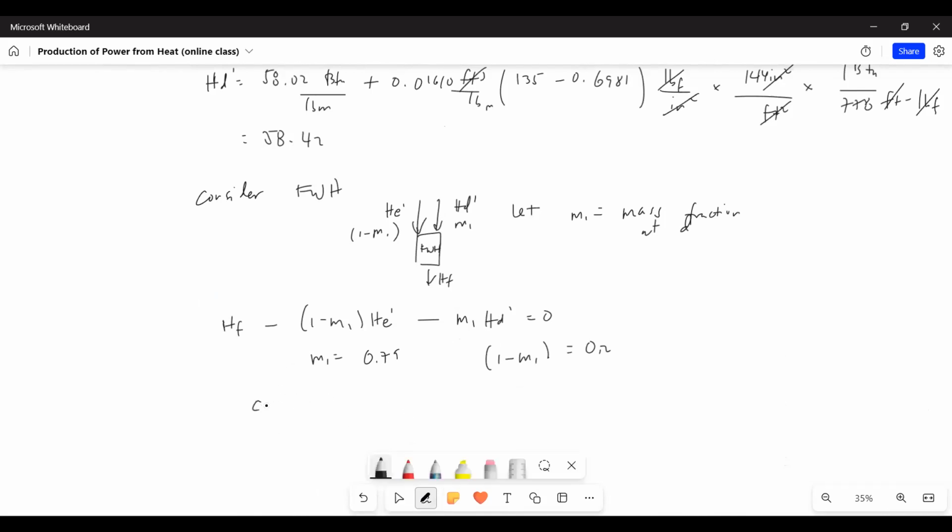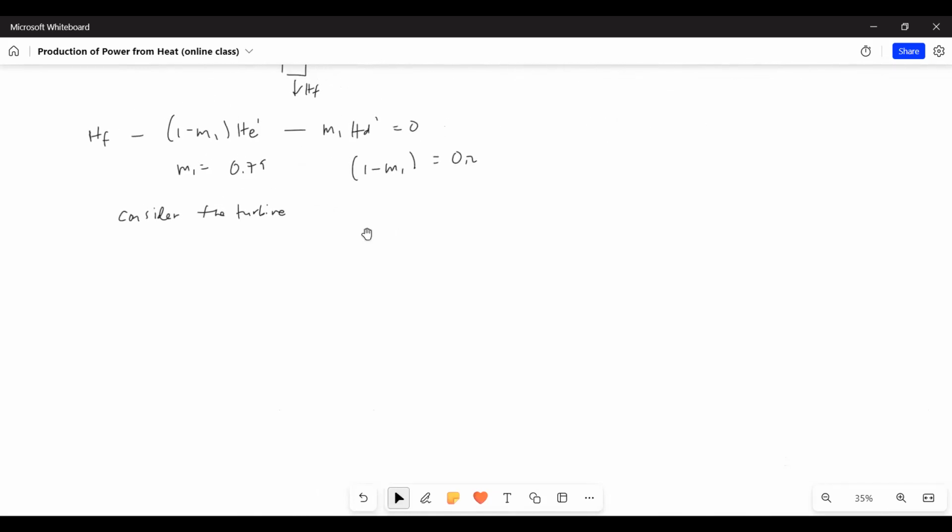Consider the turbine. The turbine, okay. So, ano yung mga pumapasok, which is yung HA. HA. And then, meron siyang work shaft. Work shaft.